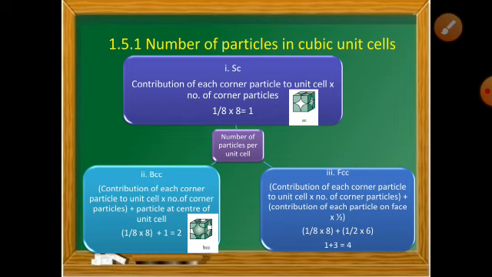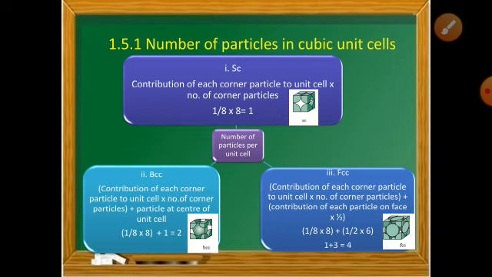Same way for FCC. In the case of FCC, again 8 particles are present at the 8 corners. So the contribution, as I told you for SC, will be 1/8 into 8 corners, so it will be 1 particle. And this cube has 6 faces, and the center of each face has 1 particle. That particle will contribute half for this unit cell and half for the neighboring unit cell.